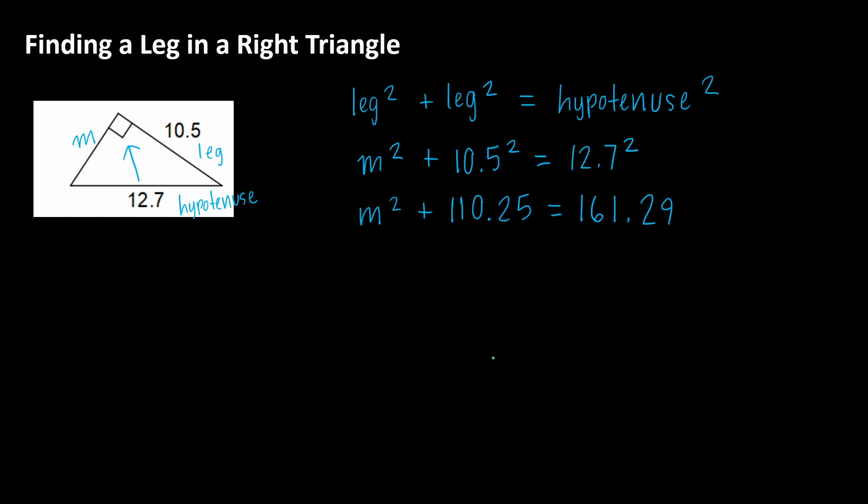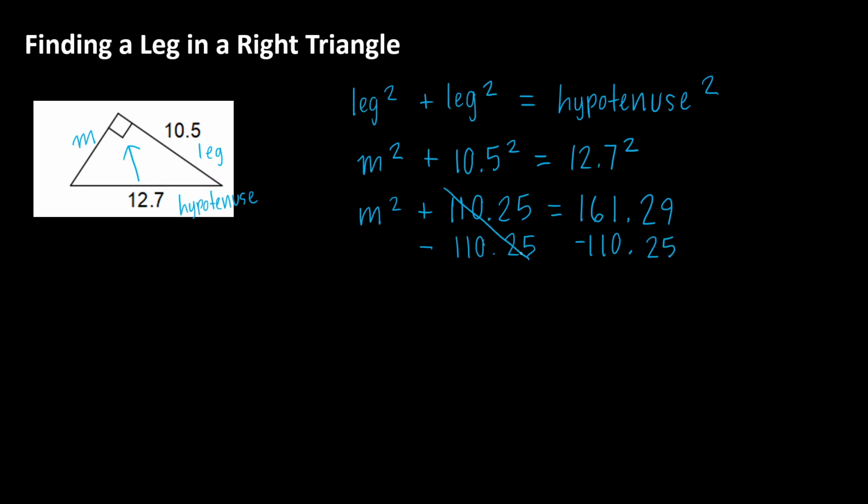So here's where solving the equation is going to be a little different. We need to get m by itself. Right now we have the term 110.25 in our way. So right now I see that we are adding 110.25 on the left side of the equal sign. We're going to do the opposite. The inverse of addition is subtraction. We're going to subtract 110.25 from itself and from the terms on the right side of the equation.